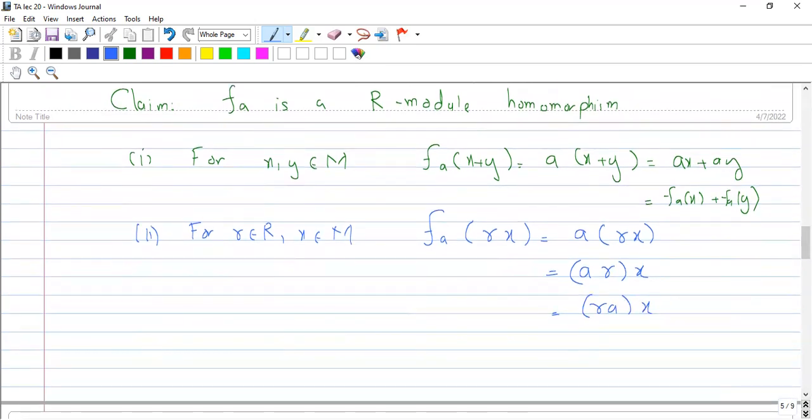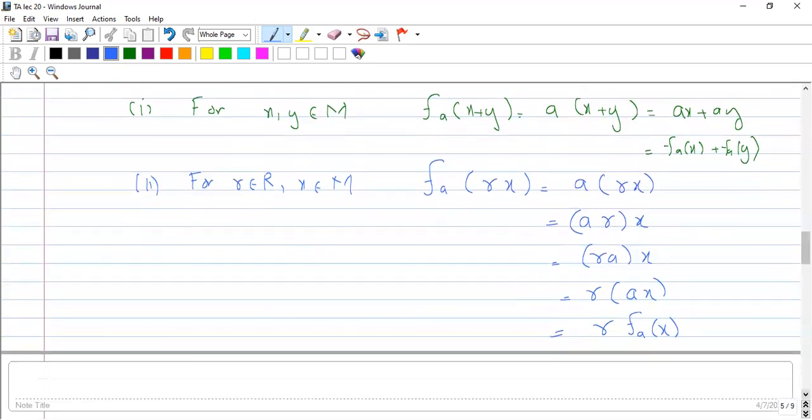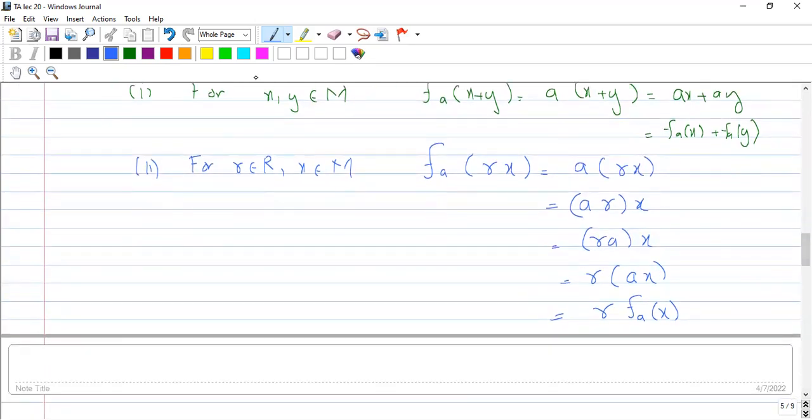So again, using the property of a module, it could be written r into Ax, and it is equal to r into f_A of x. So now it shows the second property, that image of rx is equal to r times image of x. So 1 and 2 imply that f_A is an R module homomorphism.